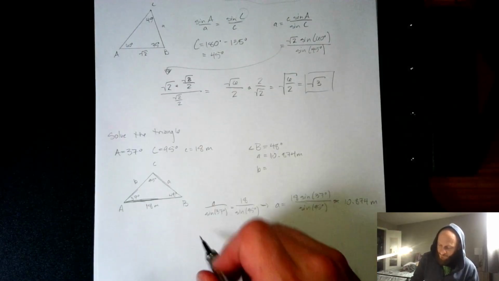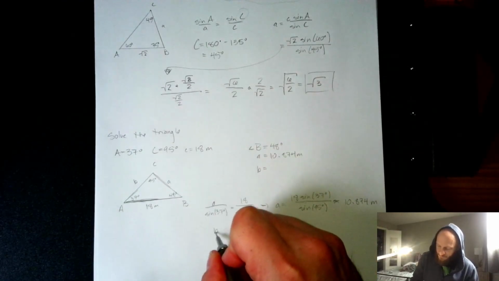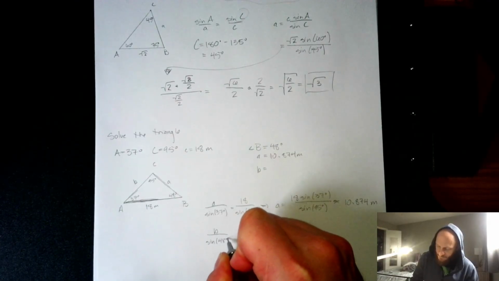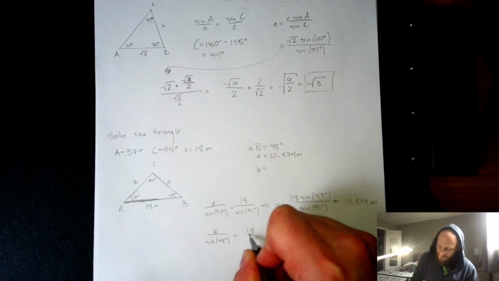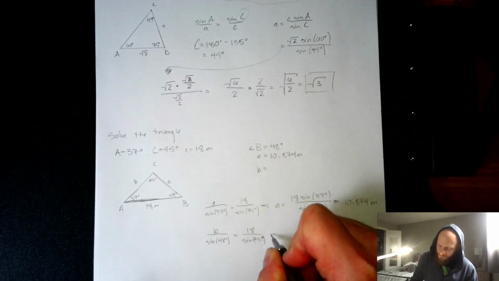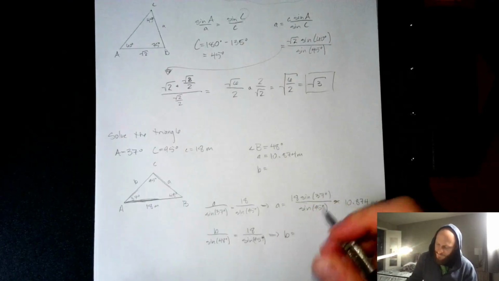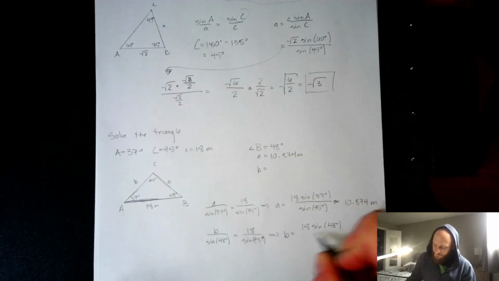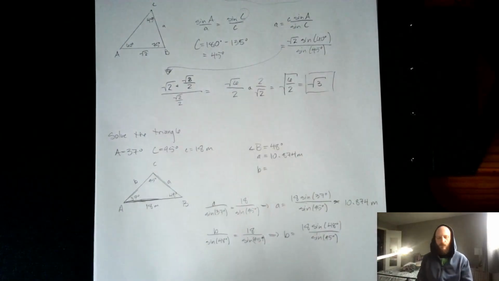All right, and then finding B would be really similar. So B over the sine of B, sine of 48 degrees, is equal to 18 over the sine of 95 degrees. So B is 18 times the sine of 48 degrees over the sine of 95 degrees. What does that come out to?